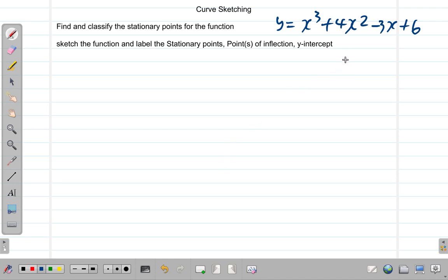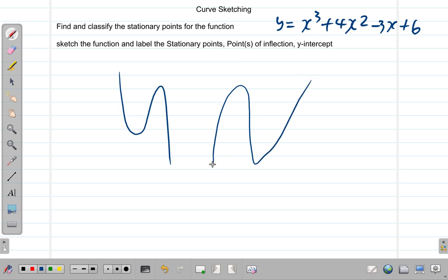Now, to find the stationary points, we need to find the gradient function and find the points where the gradient equals 0. Cubic functions can be shaped like this or like this. At these points where the gradient is 0, if you draw a tangent, you'll find a horizontal line there.